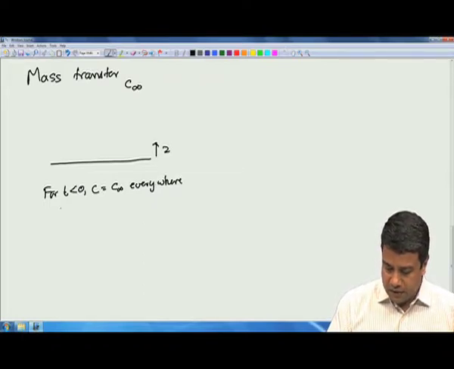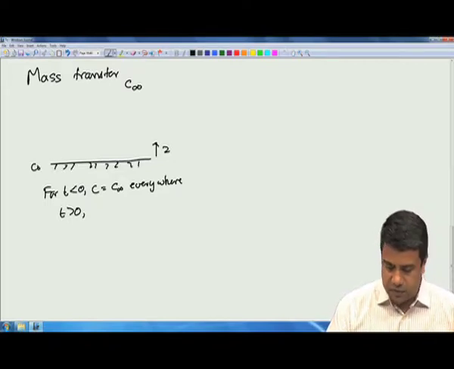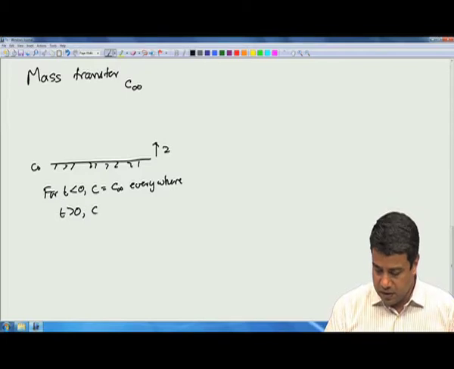For t greater than 0, you instantaneously impose a concentration C 0 at the surface. C is equal to C 0 at z equal to 0.